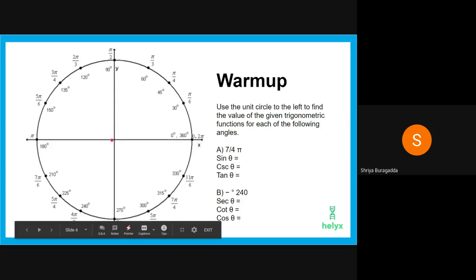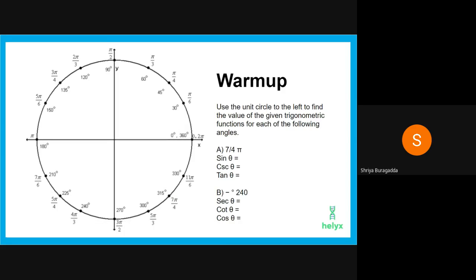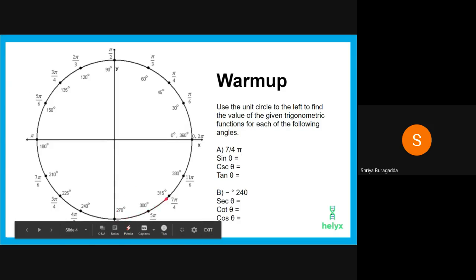So I'm just looking at where it's at on this quarter of the unit circle. We know that the coordinates have to be root 2 over 2 and root 2 over 2, either positive or negative, because it's halfway between 270 and 360.